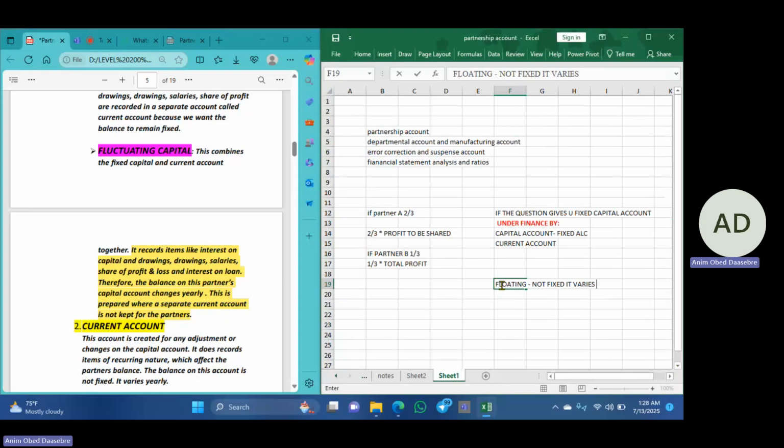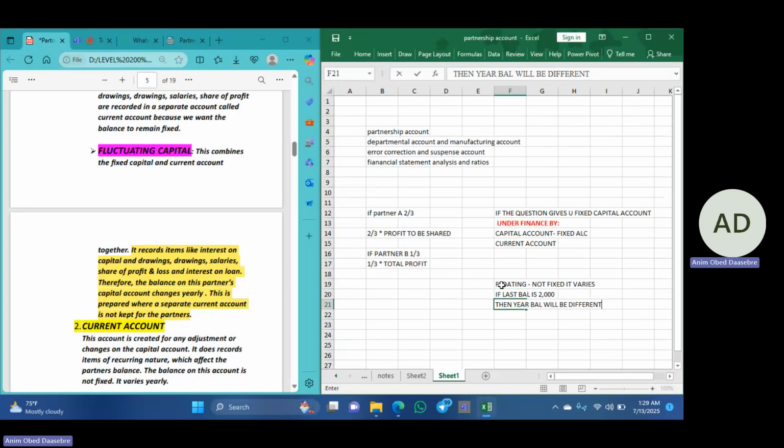So if last year balance is 2,000, then this year balance will be different.